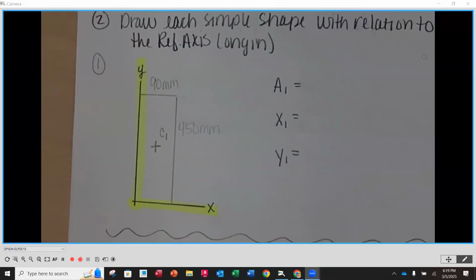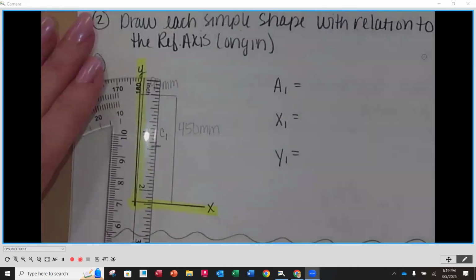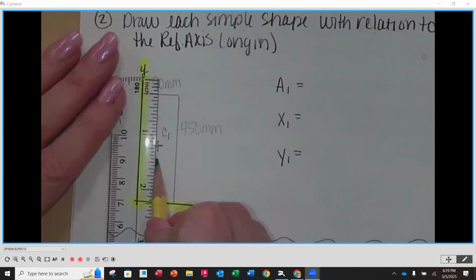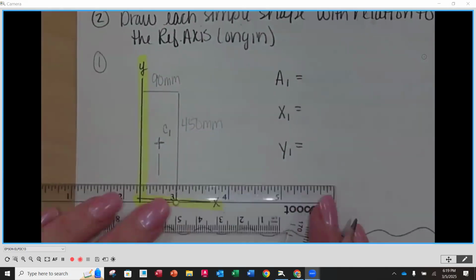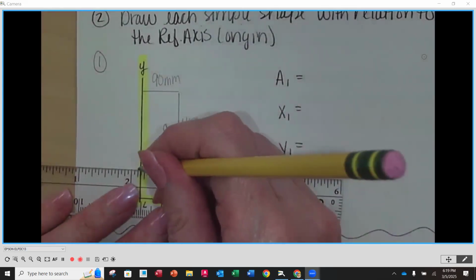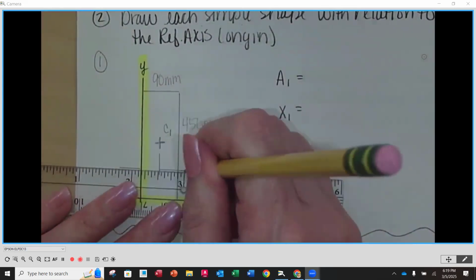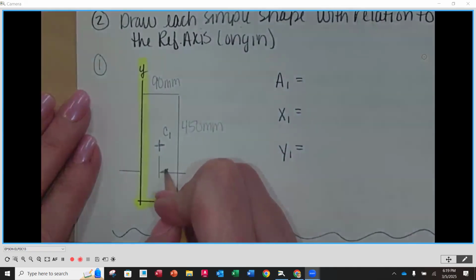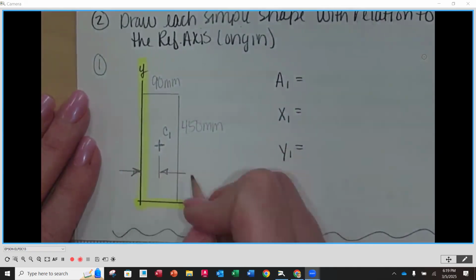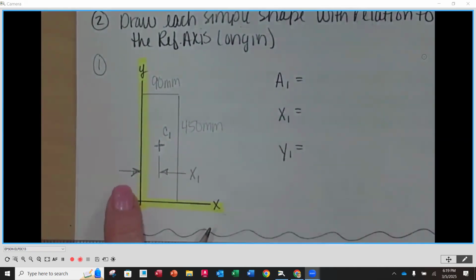Okay. And now we want to dimension the location of our centroid with respect to our reference axis. So our x1 is going to be the distance from the y-axis horizontally to the centroid. Okay.